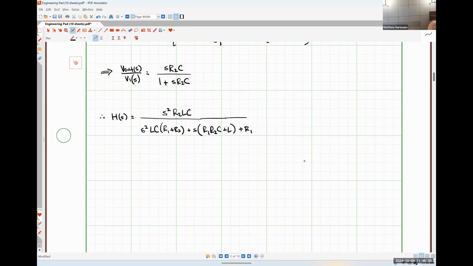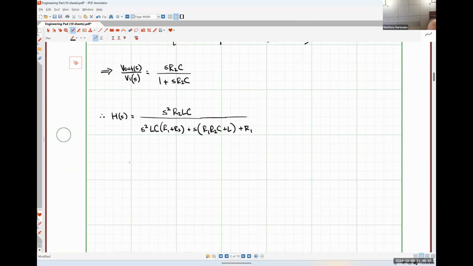actually, let me do it down here so that there's a little bit more space. So I'm going to have an R2 LC in the numerator divided by an LC times R1 plus R2 up here. So the LCs just cancel each other out for what it's worth.